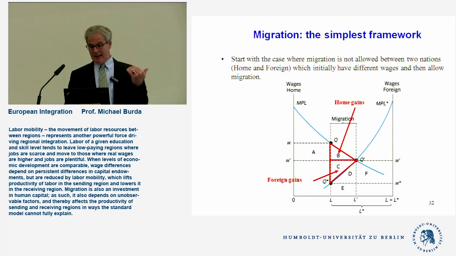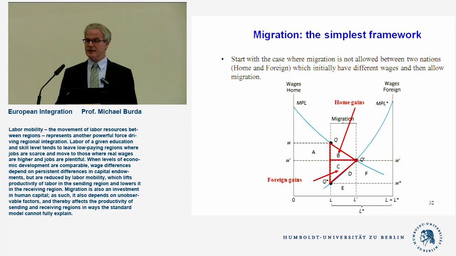We know that the capitalists lose in the sending country, and they win in the receiving country. And then there's this question as to whether it makes sense or is possible for society to reorganize its tax system to capture some of those gains and give it to the losers to make them in favor of this change, because there are serious losers in this process.